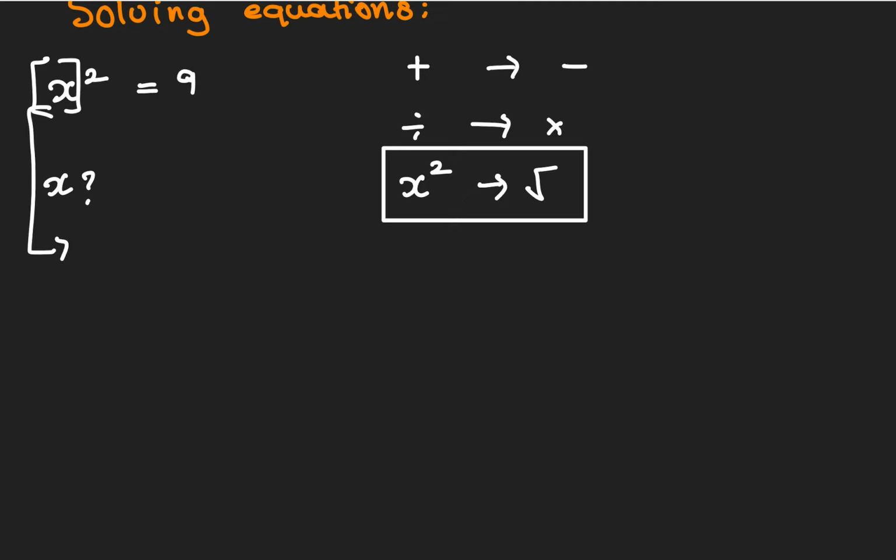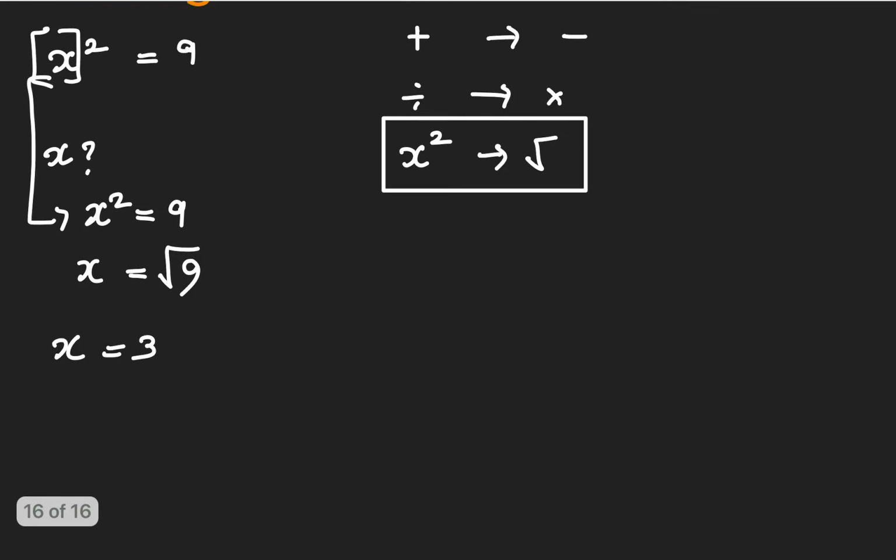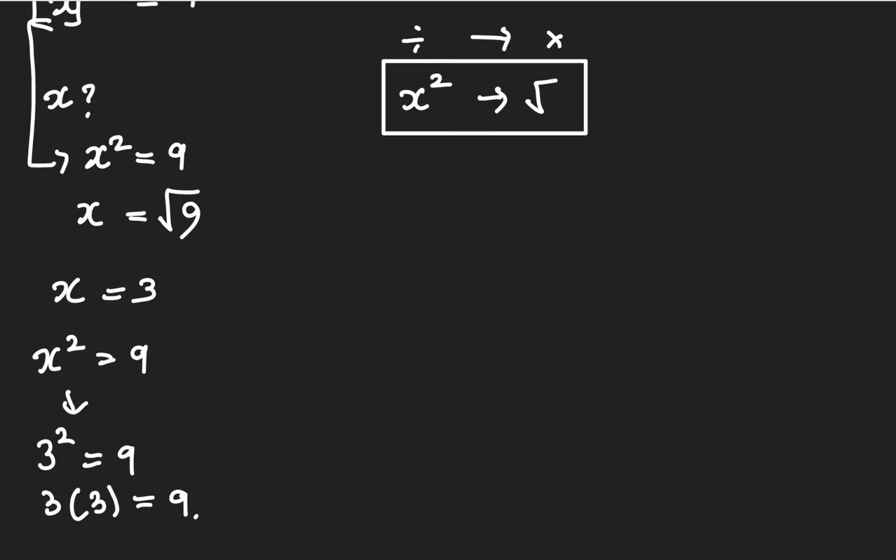So x squared is equal to 9 means x is equal to root 9, and root 9 is the value 3. You could say this by your head, because 3 times 3 is equal to 9.